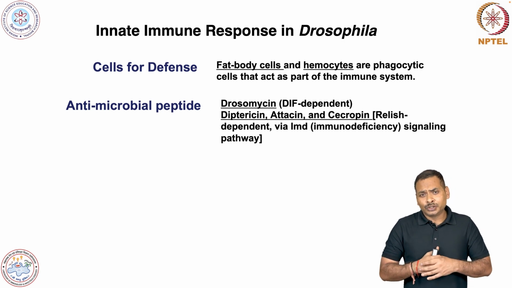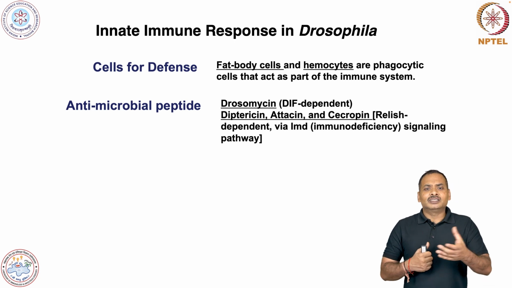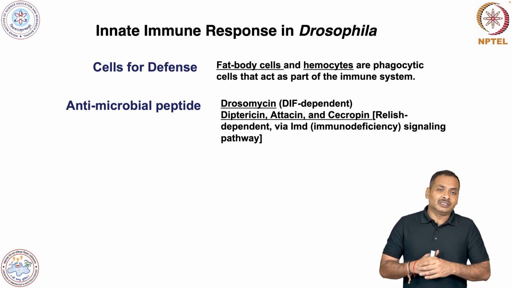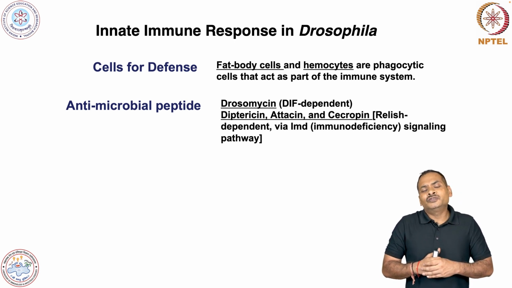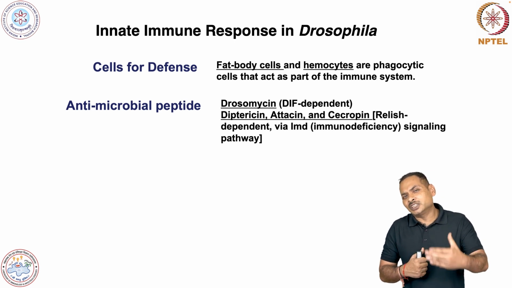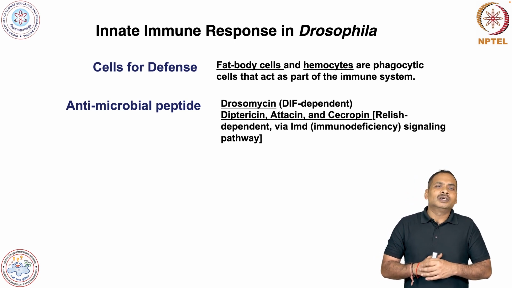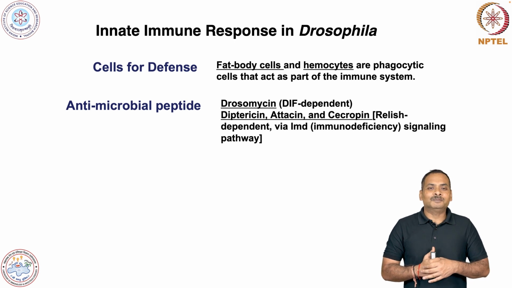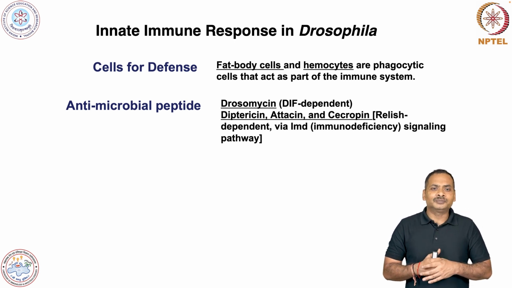As I showed you in the previous slide in the work of Jules Hoffmann, there is drosomycin, which is Diff dependent. So what is Diff? Diff is a transcription factor similar to NF-kappa B. NF-kappa B plays a very important role in immunity, and Diff is just like that. Its other name is Dorsal.